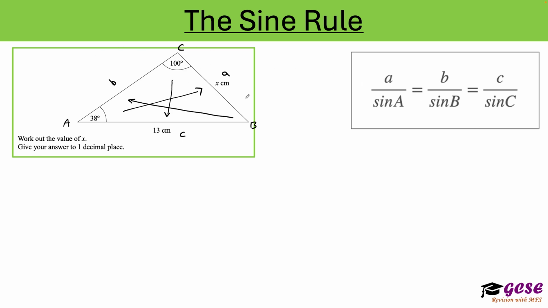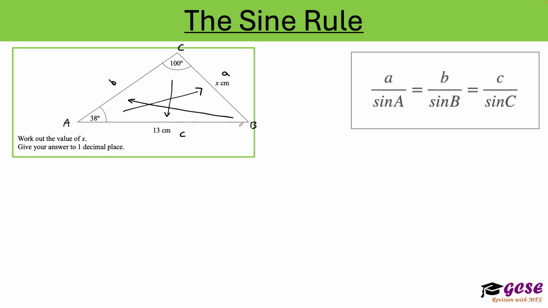Now, if we look back at this question, which letters do we have no information about? If we don't know anything about a letter, it is completely irrelevant to the question. As you can see, for A, we have an angle, and the side a is x, so we definitely need A, because we know one of the angles and we need to work out the lowercase a. C, we definitely need C because there's an angle and there's a side.